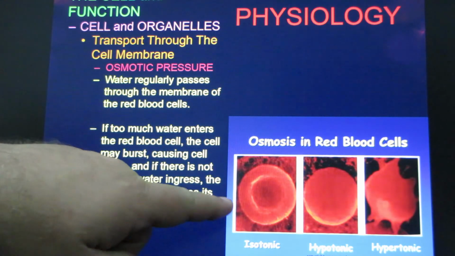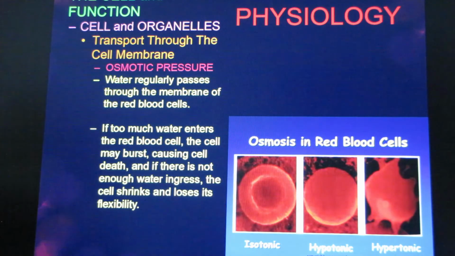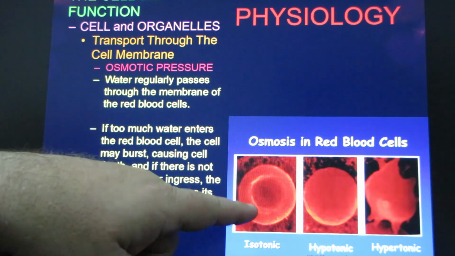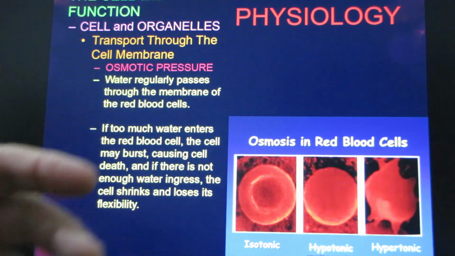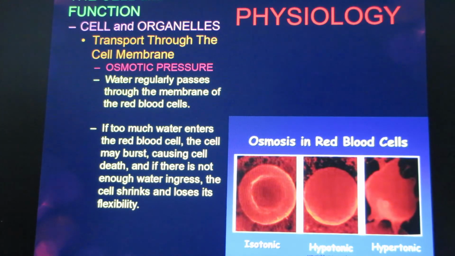As you can see, in isotonic solutions, where all our bodies are composed of isotonic solutions normally, and it is kept like that with many reactions, the cell and the outside cell medium are isotonic. They are equal in density. So the cell neither swells nor shrinks.